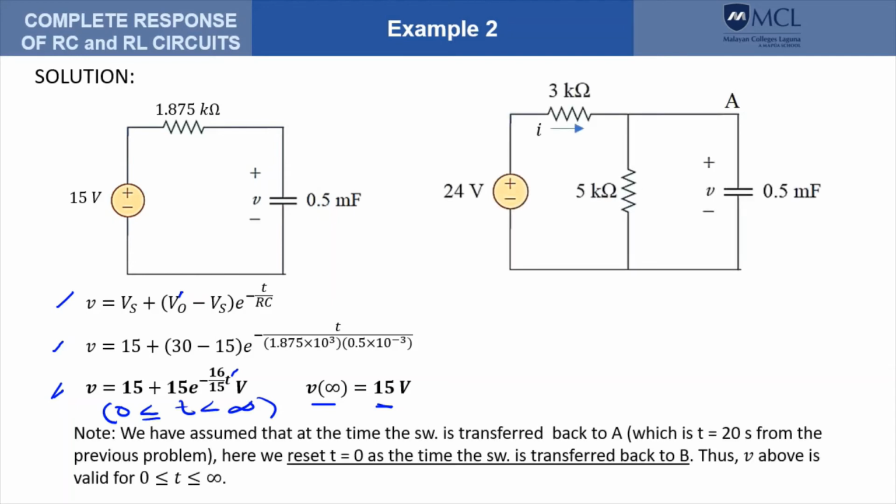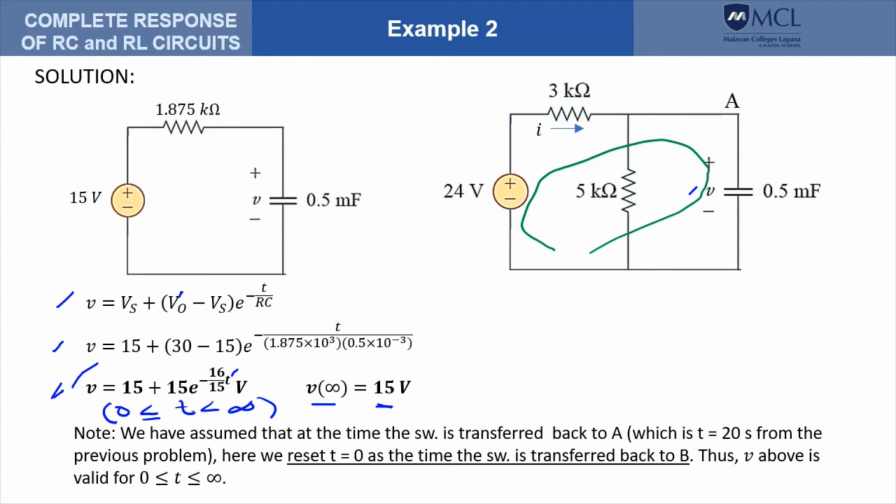Then we go back to the original circuit, where we already know the capacitor voltage V as this one. We can perform a KVL to get the current around this loop.